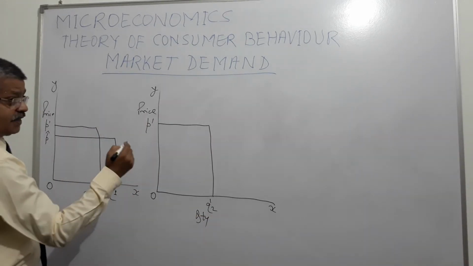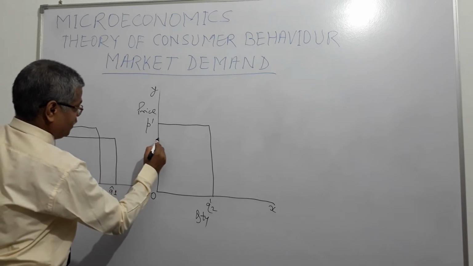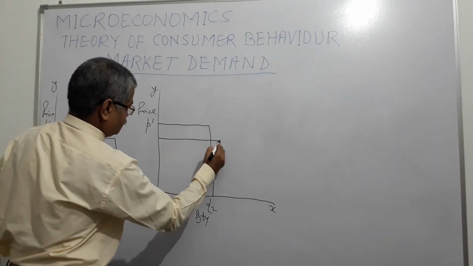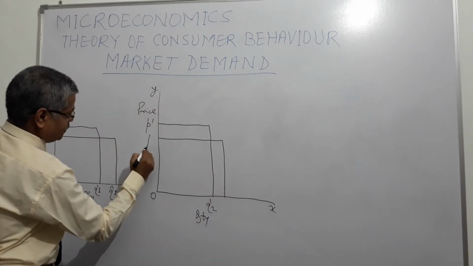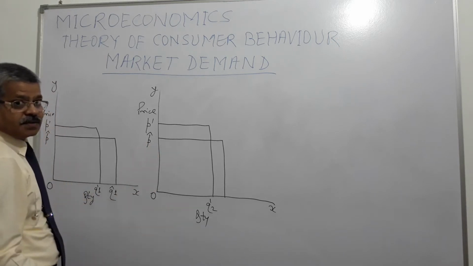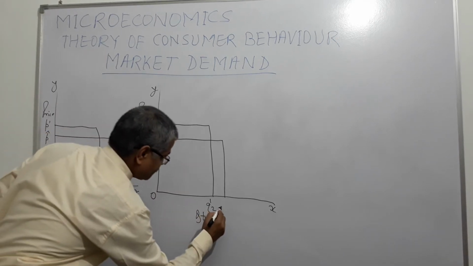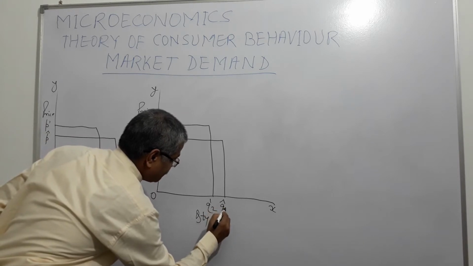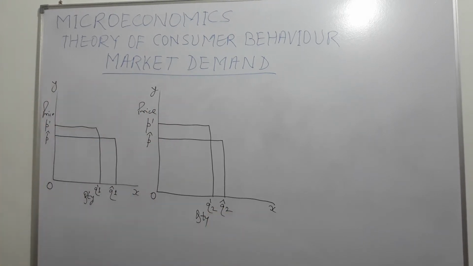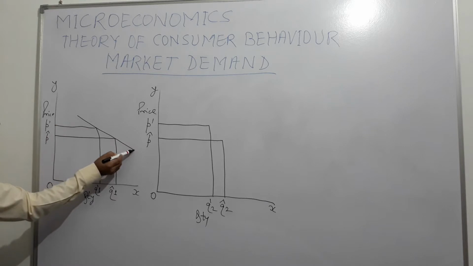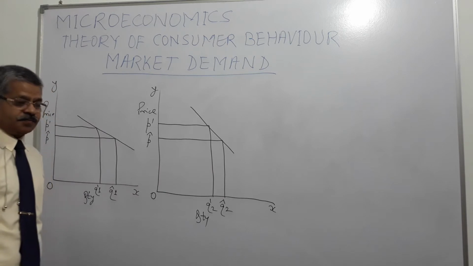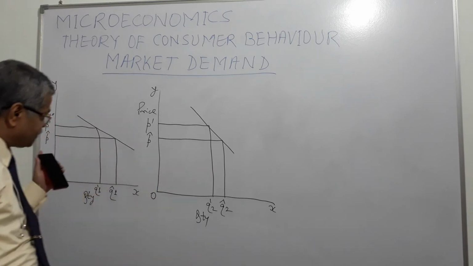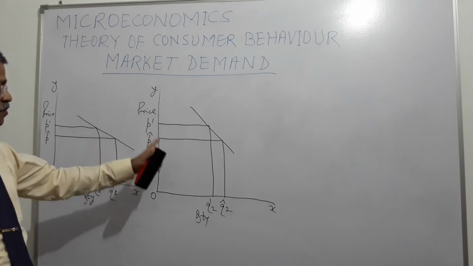Then another price level, P hat. Here the quantity demanded is Q hat 2. The curve goes like this. These are the individual consumers' demand curves.